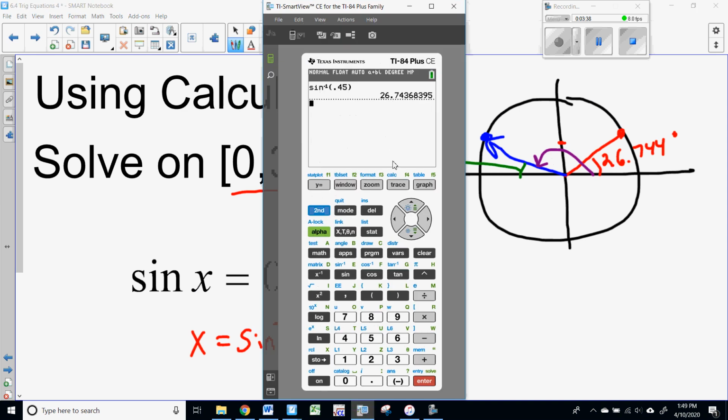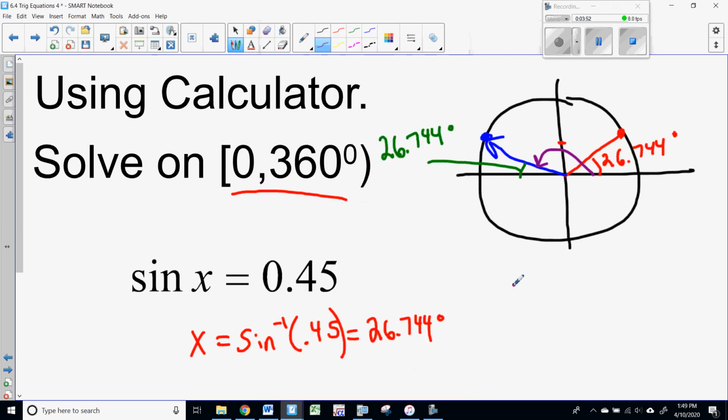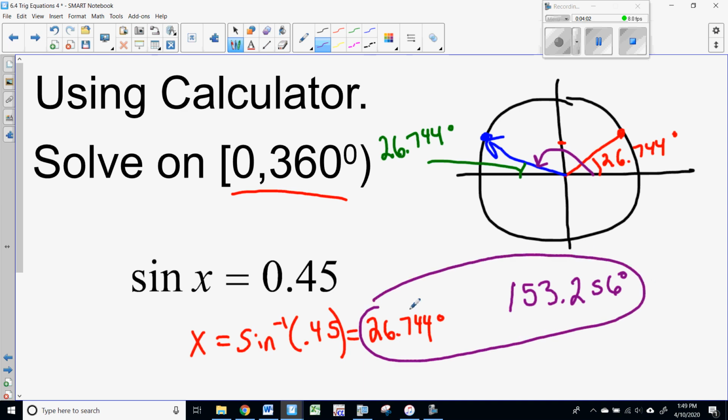So we can go to our calculator, and after we found our 26, we can then just take 180 minus that angle, and we get 153.256. And so now here are our two answers.